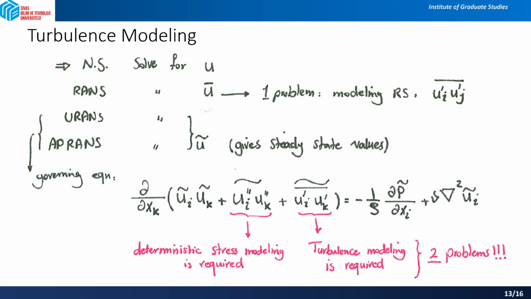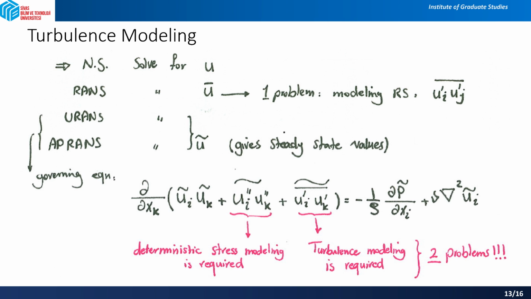Why am I talking about these modelings? In modelings, you have to model these terms with some physically meaningful thing, right? Where do you get this physics actually? You get this physics from experimental data.